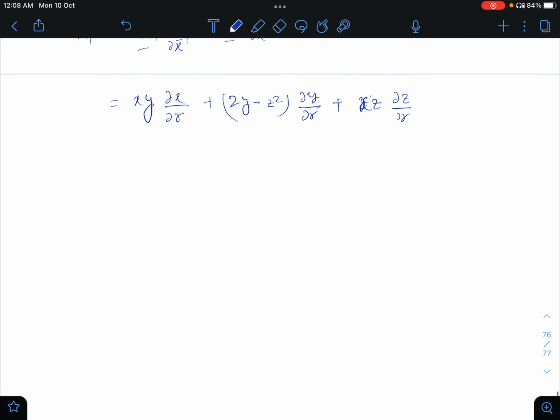Now let us see what x, y and z are in spherical coordinates. Say this is x, this is y and this is z, and let P be a point with coordinates x, y and z. Let the angle with the z axis be theta, and let the projection of P on the xy plane be Q, and the angle of Q with respect to x be phi.